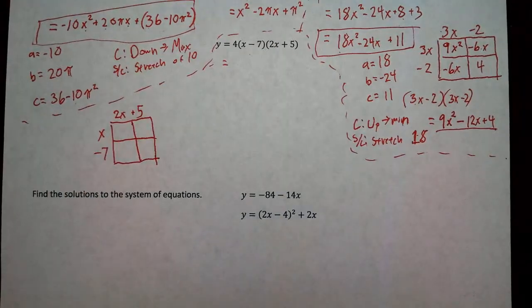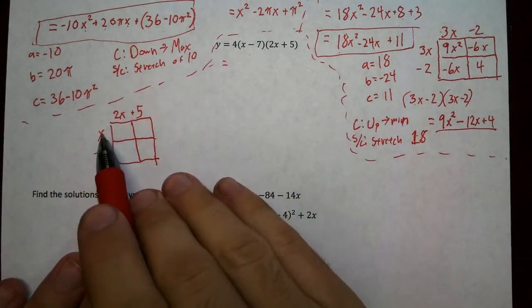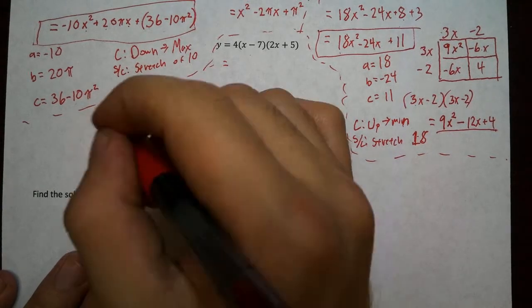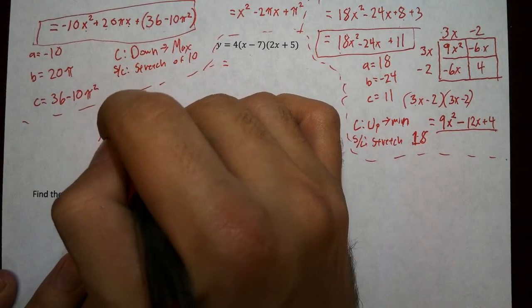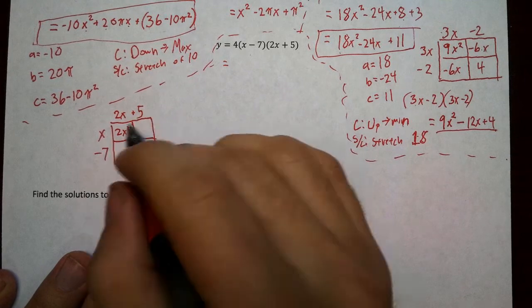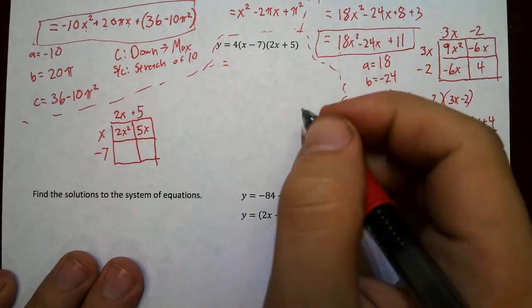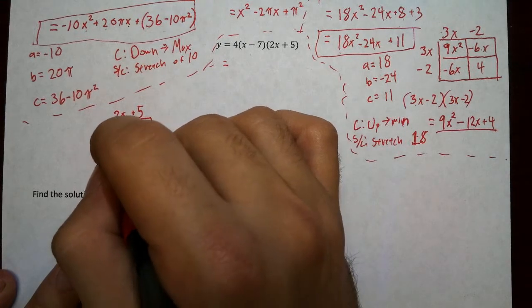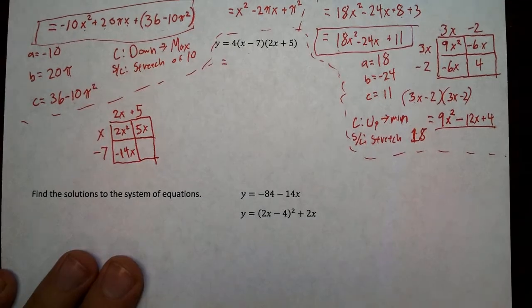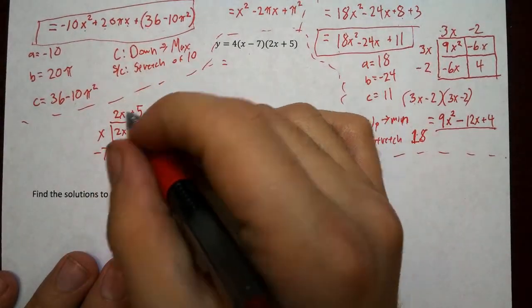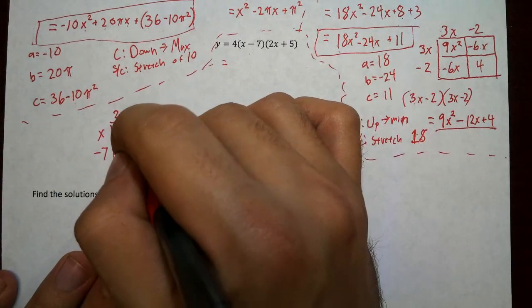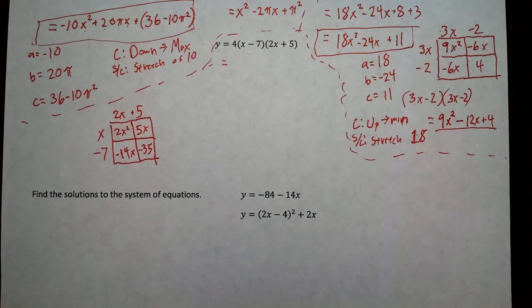Okay, and so then I'm going to do that multiplication. 2x times x for that box is 2x squared. 5 times x is 5x. And 2x times negative 7 is negative 14x. And negative 7 times 5 is negative 35. Cool.